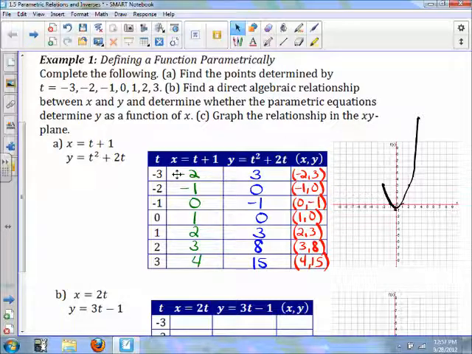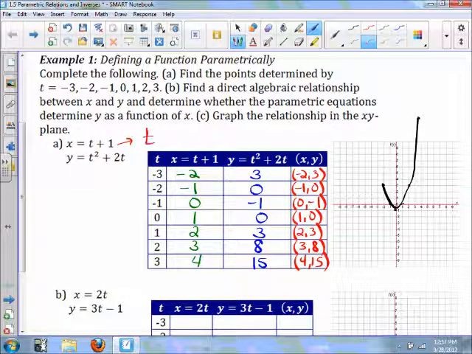Now, to find it algebraically, we want to take this first equation and solve it for t. So t will equal x minus 1. Now we're going to put that into y.